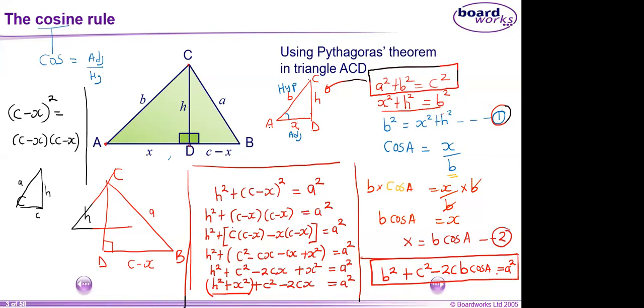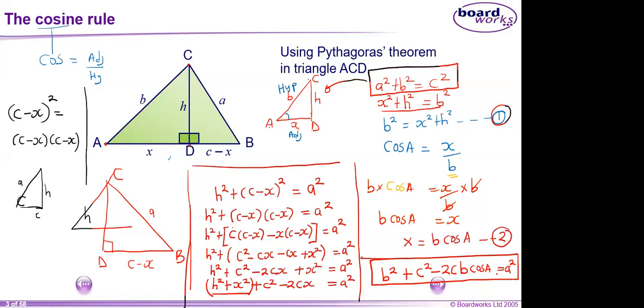Yes, Janet? Good afternoon, teacher. Yes, good afternoon. I have a question about that step of x squared plus c minus x into c minus x equals a squared. Shouldn't it be x squared plus c plus x into c minus x?